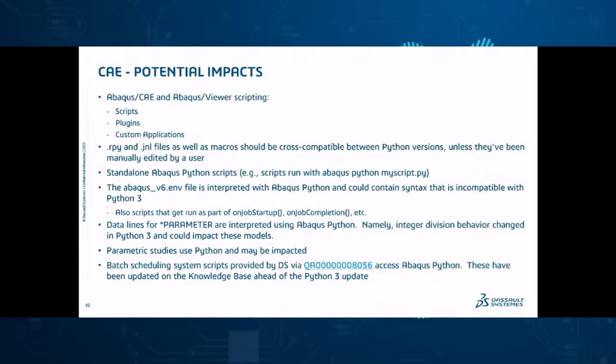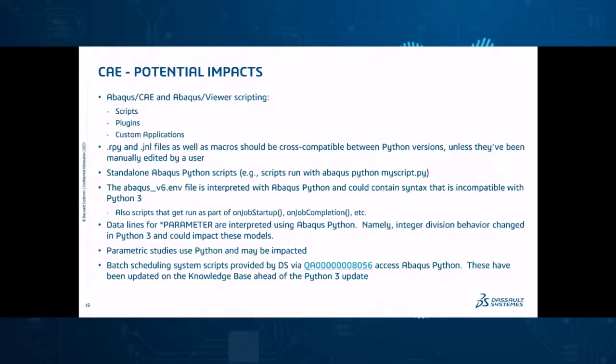Potential areas that could be impacted with the scripting change are shown on this slide. Some are really obvious, like scripts, plugins, and custom applications. But you should be careful and consider things like the Abacus v6n file that's interpreted by Python, and the star parameter keyword in the input file.